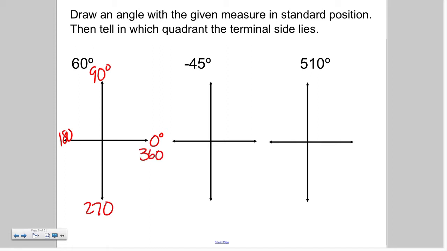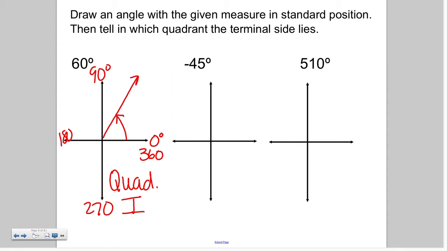So 60 degrees is going to go between 0 and 90 degrees, and it's positive. So 60 degrees looks about like that. Now if I'm going to tell which quadrant it is, remember it goes counterclockwise, so that's going to be quadrant 1.